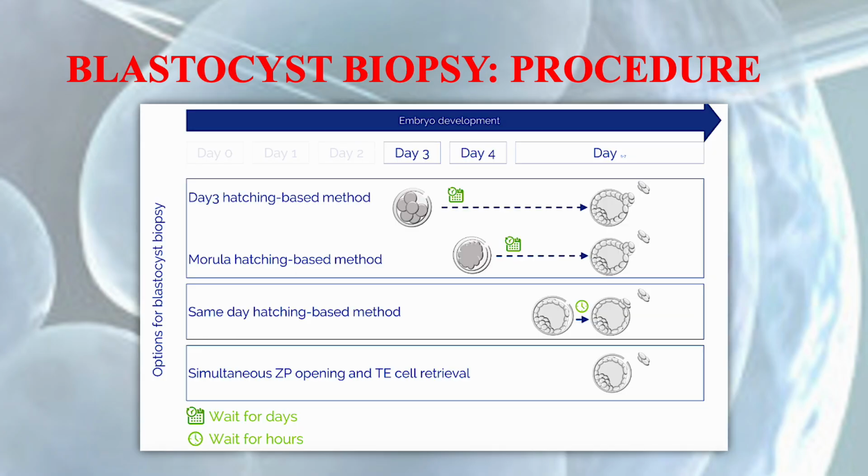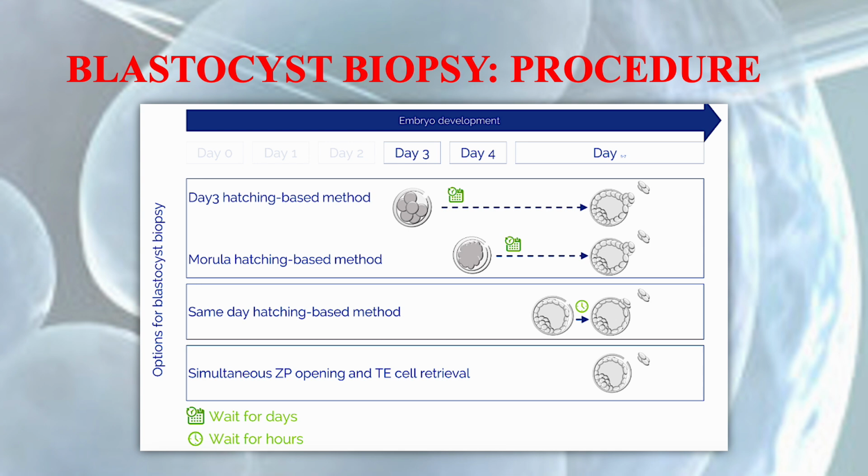What is the procedure involved with blastocyst biopsy? Blastocyst biopsy can be done in 3 ways. Here in this image, the icon with the clock and the calendar means days, and the one with only a clock means hours. The first method is day 3 hatching.